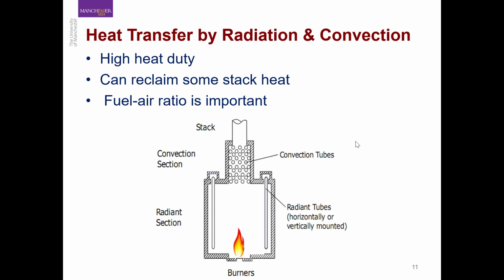Another thing is that because these furnaces involve direct flame, you have to be careful. For example, when you use these furnaces, nothing flammable should be present around them because it can cause an explosion in the process. Okay, so these are some of the limitations of direct fire heaters.